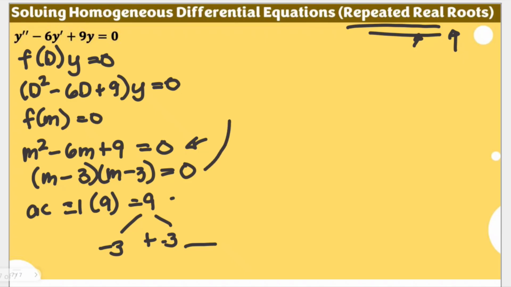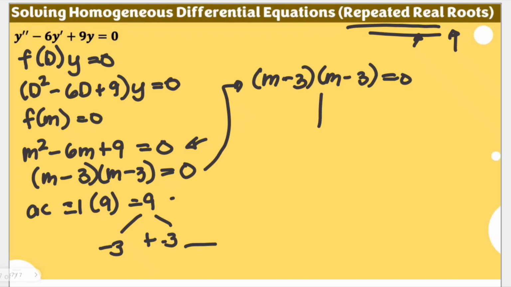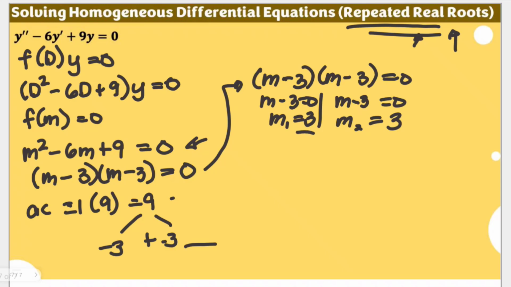Hence, these are our factors. m minus 3 times m minus 3 is equal to 0. So as we can see here, our first root is equal to 3, and our second root is also equal to 3. We have the same roots and both of them are real numbers.